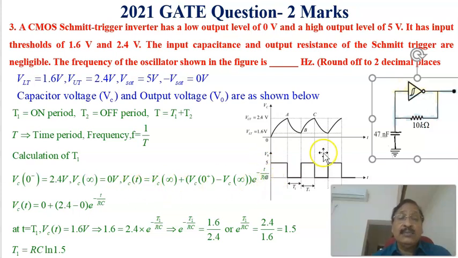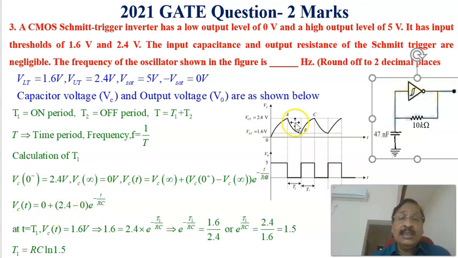Therefore, this is the equation for the capacitor discharge voltage at any time t. Substituting, we get Vc(t) equal to Vc at infinity, which is 0, plus (initial value 2.4 volts minus 0) into e raised to minus t by RC.